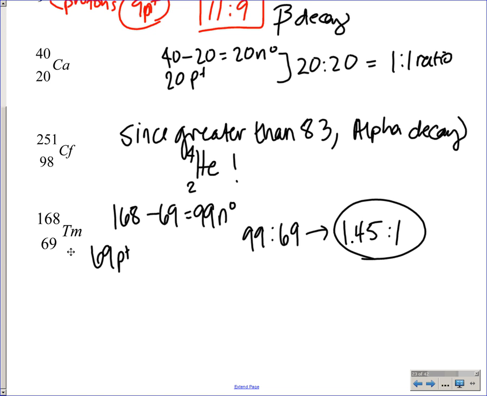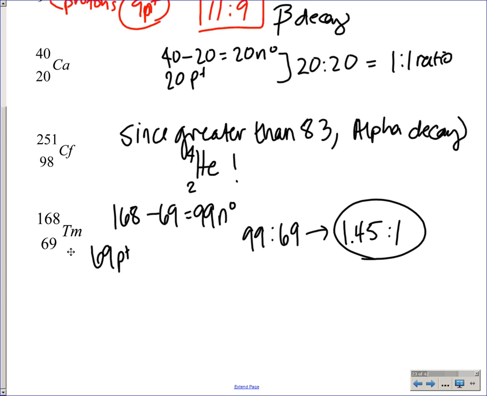Since this is a relatively large nucleus, it is okay to be close to 1.5, but 69 is not that close to 82, considering the ratio is a fairly small range between 1 and 1.5. So this one is not as easy to estimate, but if you have some support behind your explanation, you're in good shape.